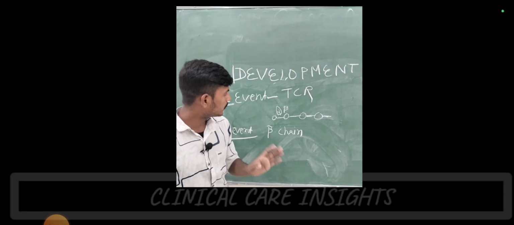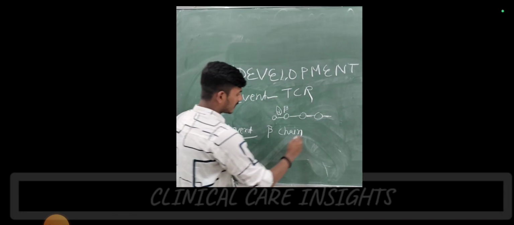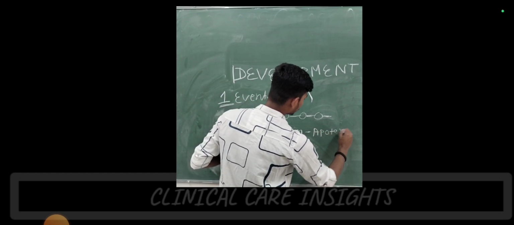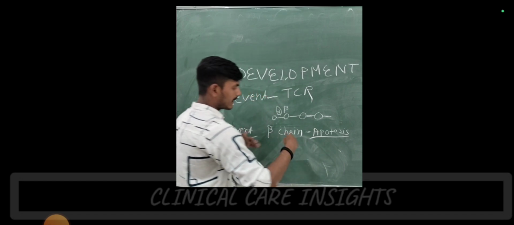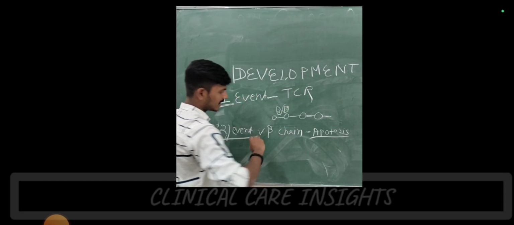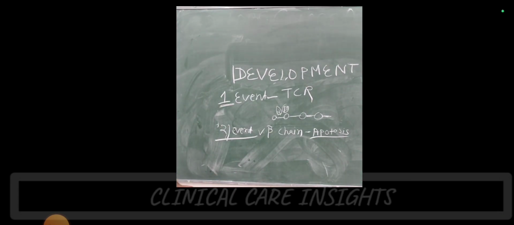So here the apoptosis process happened, and by the apoptosis these beta chains are selected. That's called the beta chain selection. That's the second event.